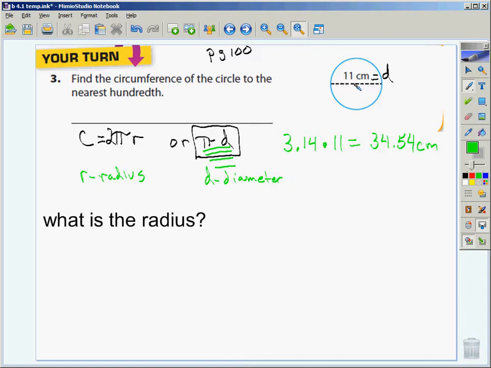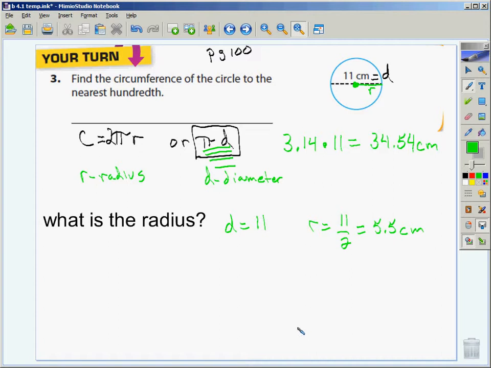The radius comes from the center and goes to the outside. So if they gave you this, the diameter is equal to 11, how could I find the radius? Take 11 and divide it by 2. So the radius would be 5.5 centimeters.